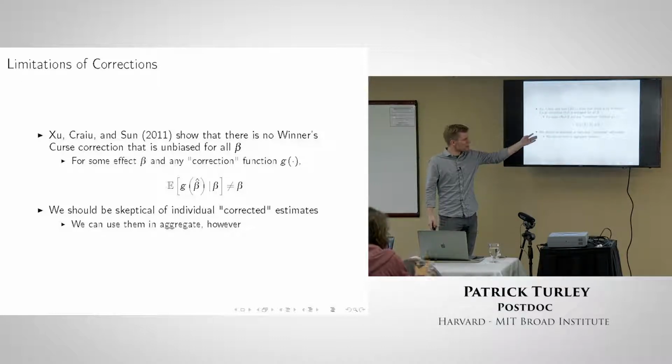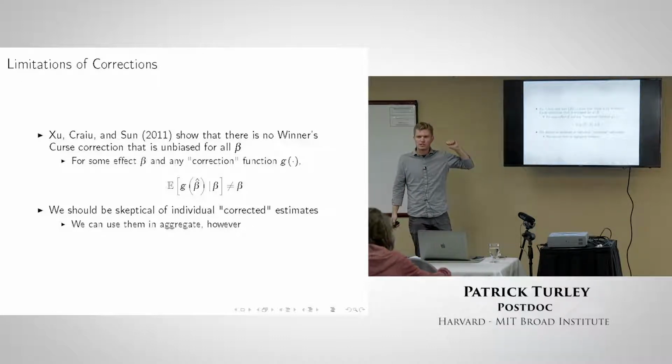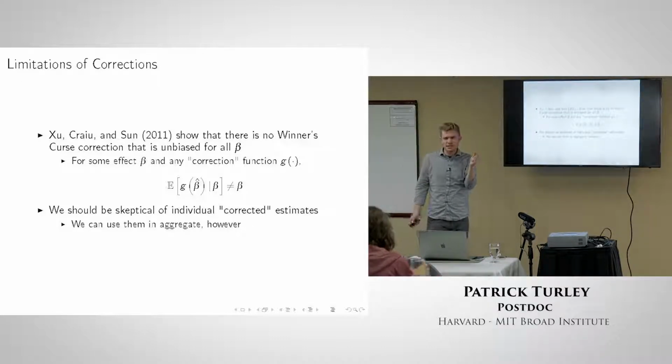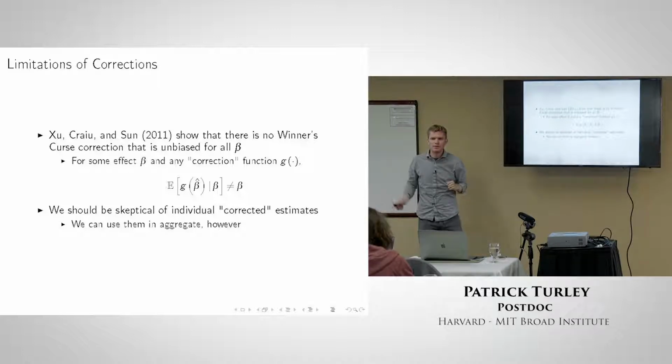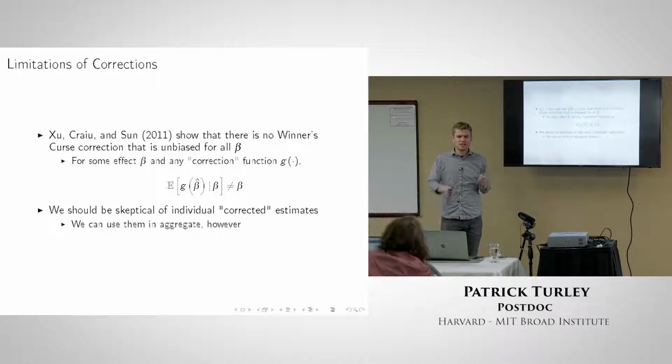And so you should be skeptical of any kind of correction for winner's curse that people do for individual SNPs. We can hope that maybe there's less bias, and we can also hope that maybe on average the amount of bias is fine. Some of the shrinkage will shrink it too much, and some it won't shrink it enough. But maybe on average across the whole distribution of the beta hats, things are okay.